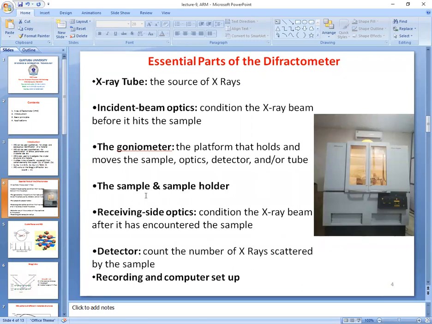Similarly, the sample and sample holder. You need a sample which needs to be characterized, and also the sample holder. The sample holder is available in the XRD machines, and it is a part of the XRD machine.